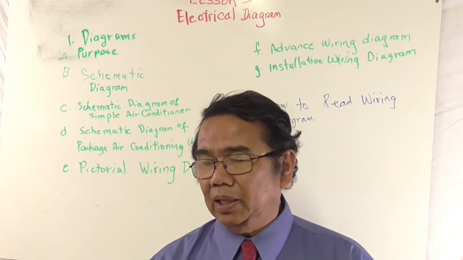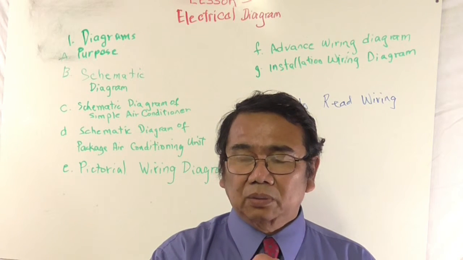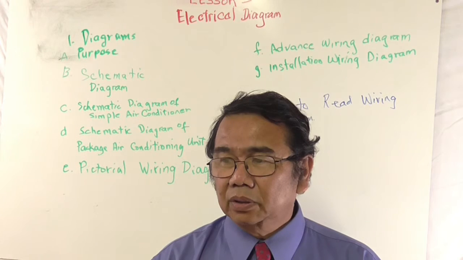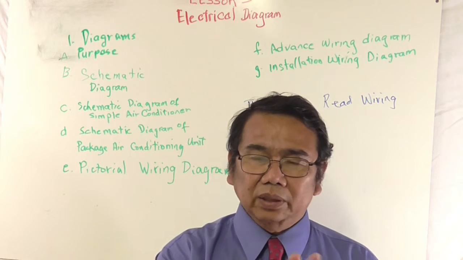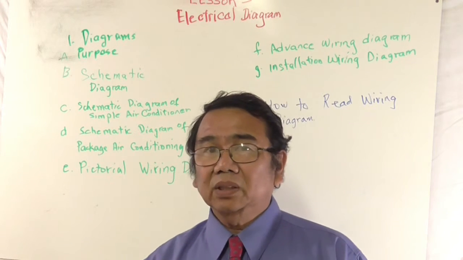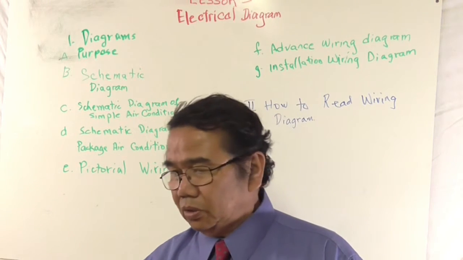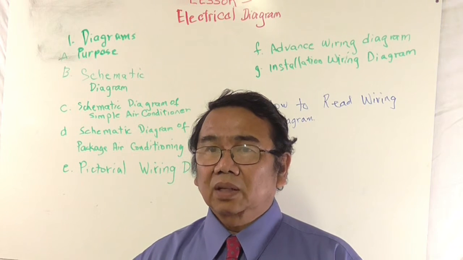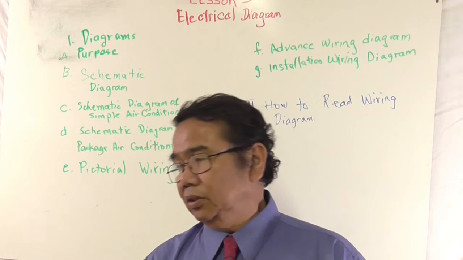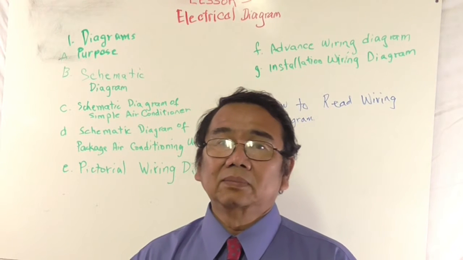Just like you got your relay, and then your contactor, and then your load. Your contactor will activate your compressor and your fan. You make the sketch on the pictorial, and then you make it into the ladder.